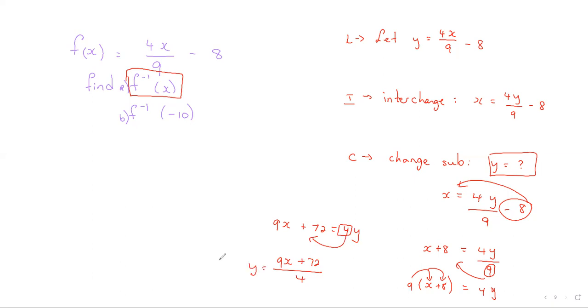But remember, when we get the y here, this is the inverse. So f inverse of x, I just replace the y with f inverse of x, because that's what you just found, is equal to 9x plus 72 all over 4.